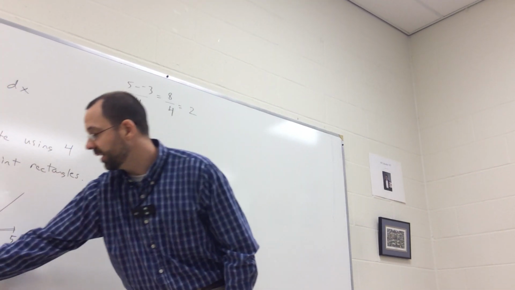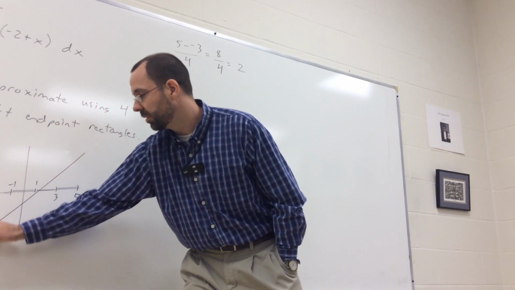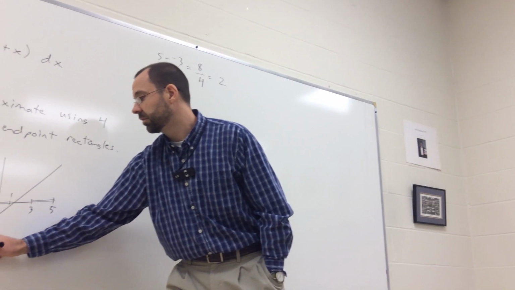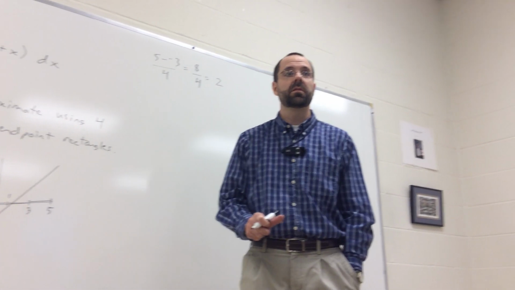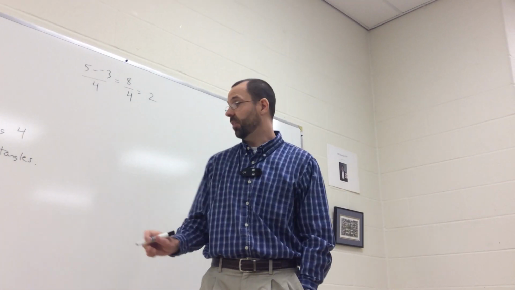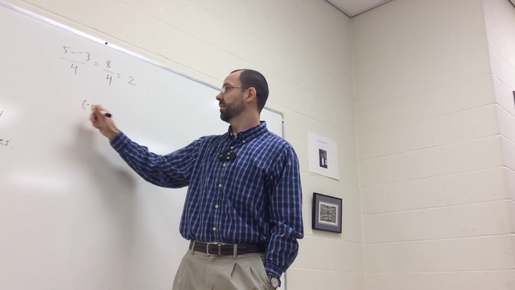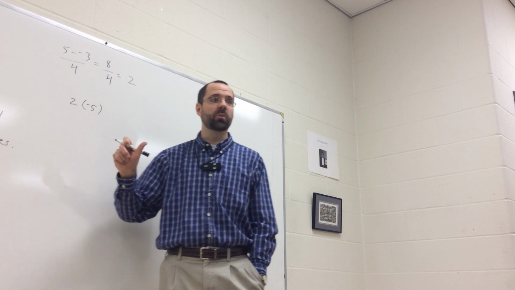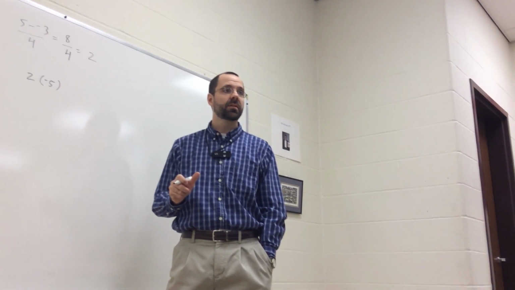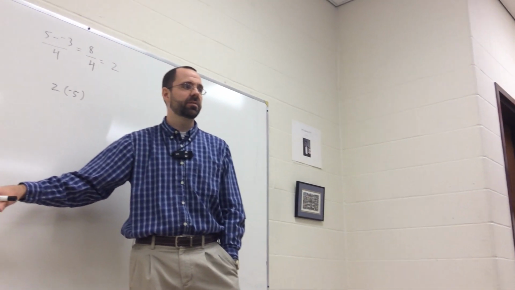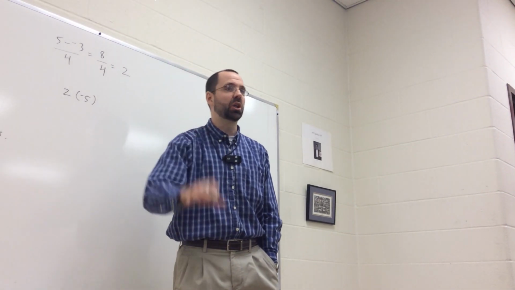So that means the height of this rectangle is -5. And so then the area of that rectangle is the height times the width. The width is 2. So we say that that rectangle has area -10, just because it's going down below the x-axis.